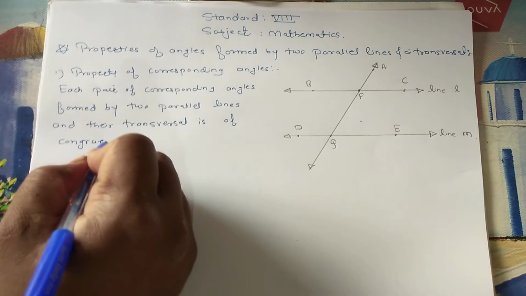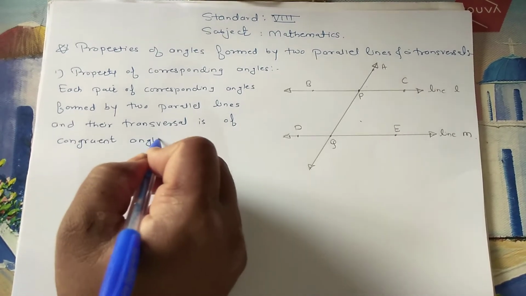Is of what? Congruent angles. What is the meaning of this?